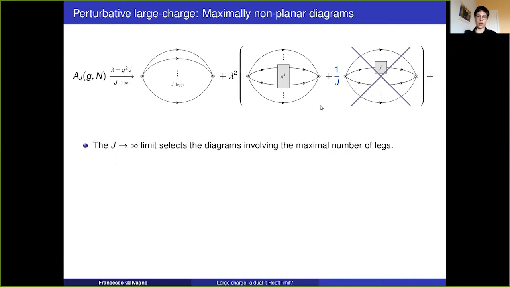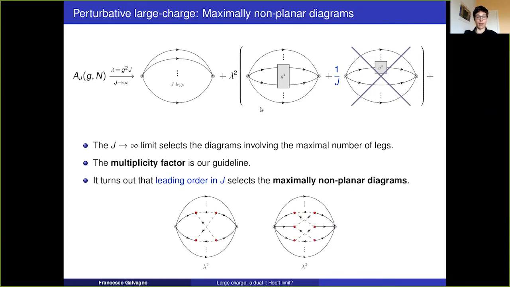What do we learn? We learn that the J going to infinity limit selects those diagrams that involve the maximal number of legs. And this is true also for higher orders in perturbation theory. The crucial point is that the multiplicity factor is our guideline, which allows us to distinguish the classes that are kept in this limit and the classes that are not.